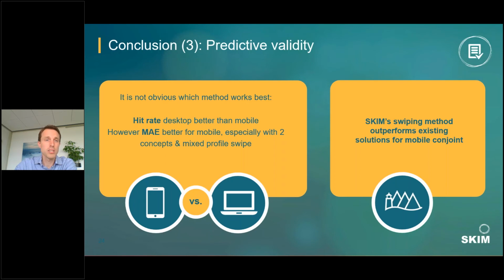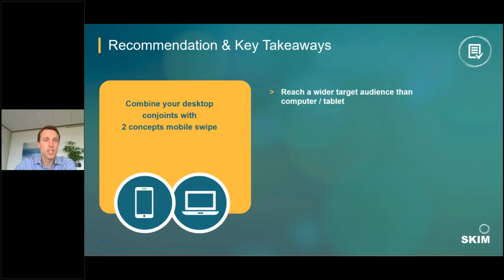So what would be our recommendation? Our first recommendation is to combine your desktop conjoints with two-concept mobile swipe, so you will reach a wider target audience than computer and tablet. That's the first advantage.